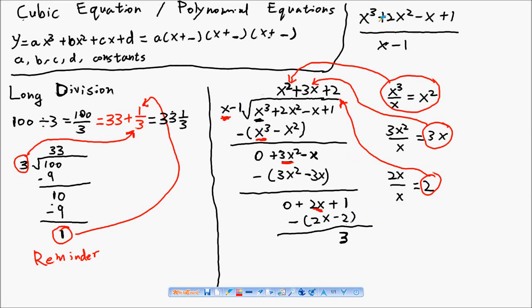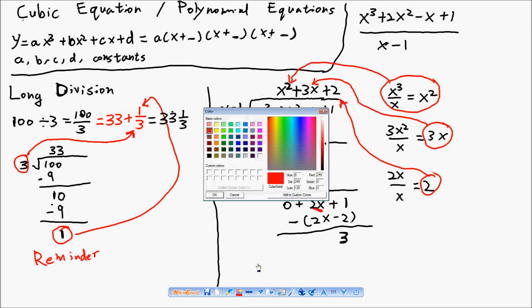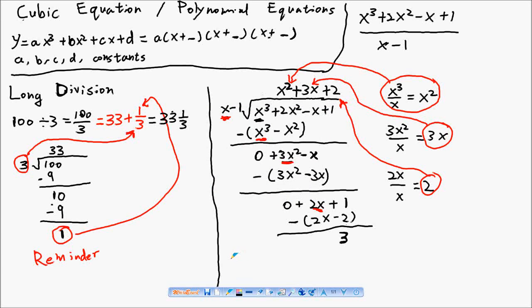Okay, and now we can rewrite this equation. x cube plus 2x square minus x plus 1, divided by x minus 1, is equal to x square plus 3x plus 2, and plus a fraction.